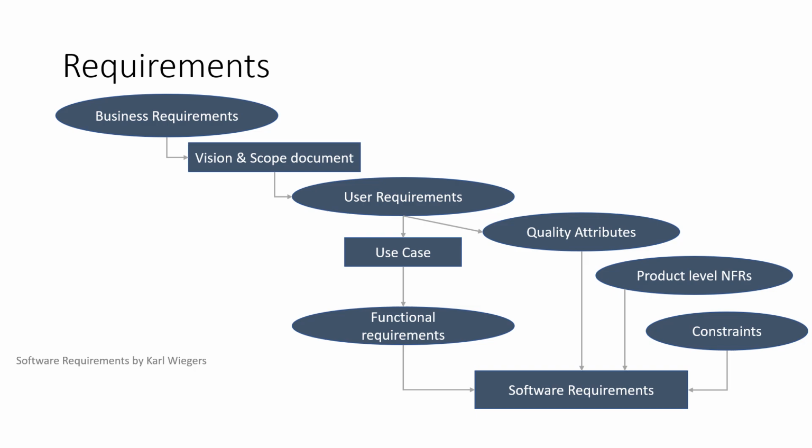The user requirements look at the functionality of the software product from the user perspective. They define what the software has to do in order for the user to accomplish their objectives. Multiple user level requirements may be needed to fulfill a single business requirement.